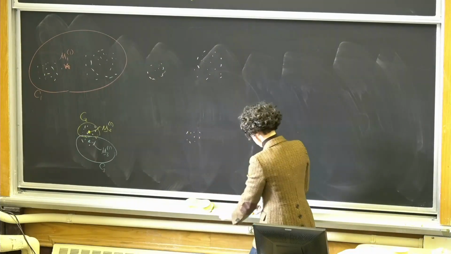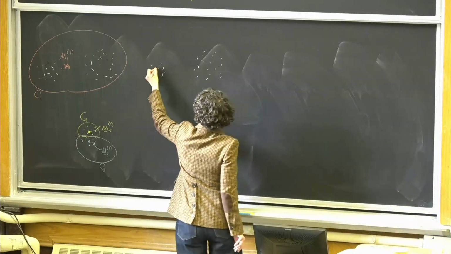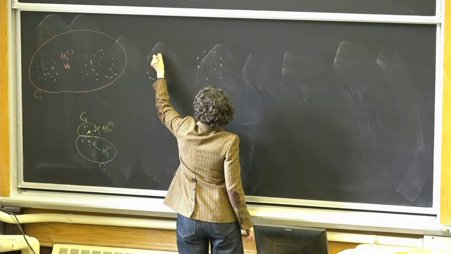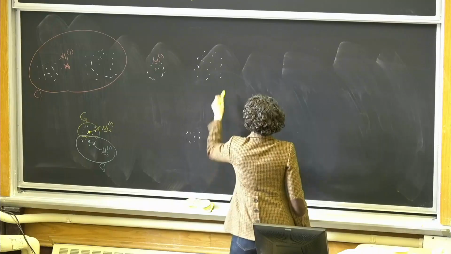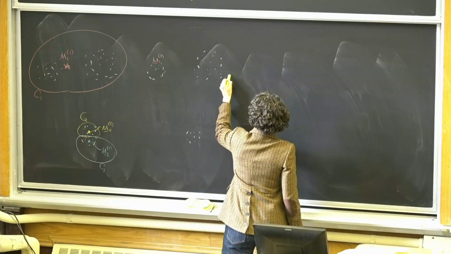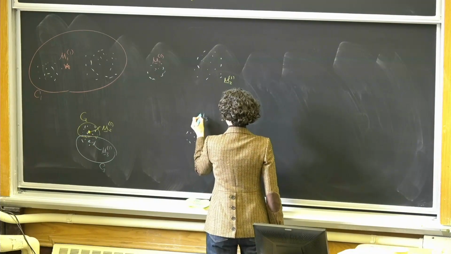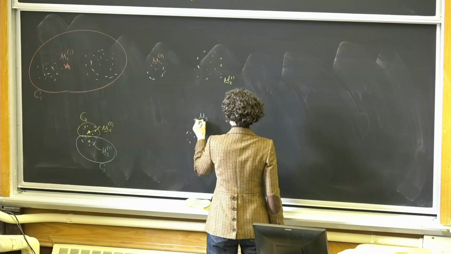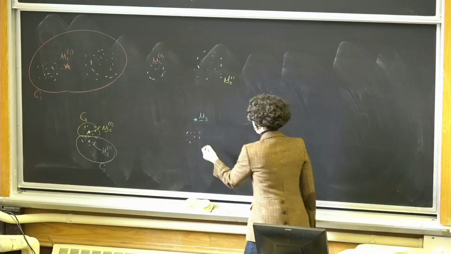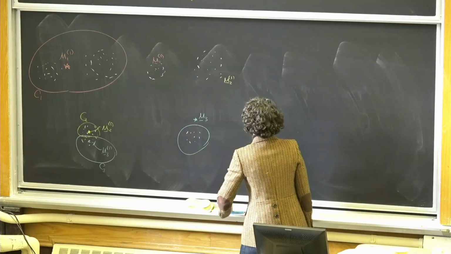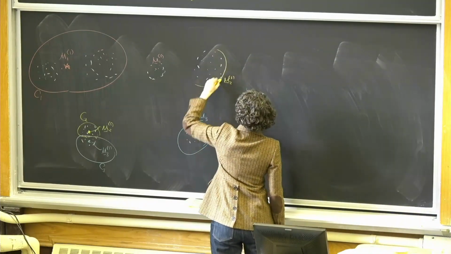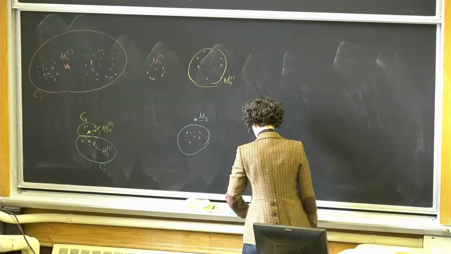And if I had initialized this differently, so if my initial mu1 was here, and if my initial mu2 was here, and if my initial mu3 was, say, here, then the resulting clusters would be this set, and this set.